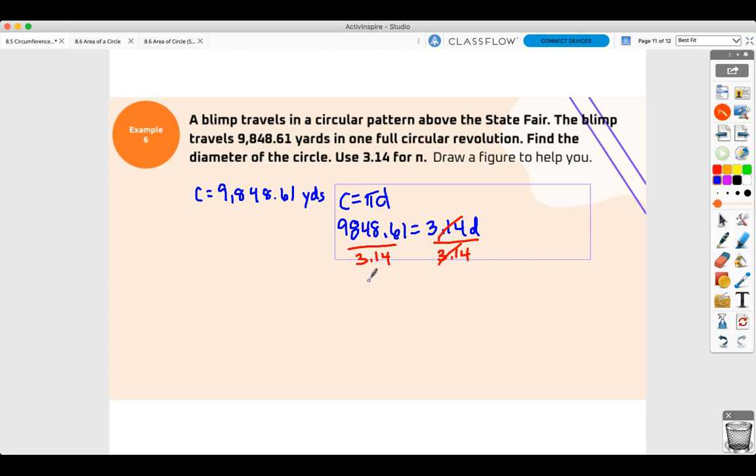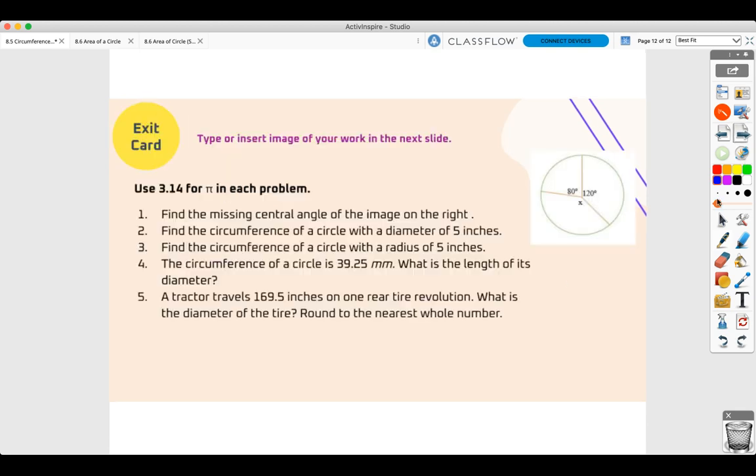That is, the diameter is 3,136.5 yards. Pretty big numbers, but that's why circles are important, guys.